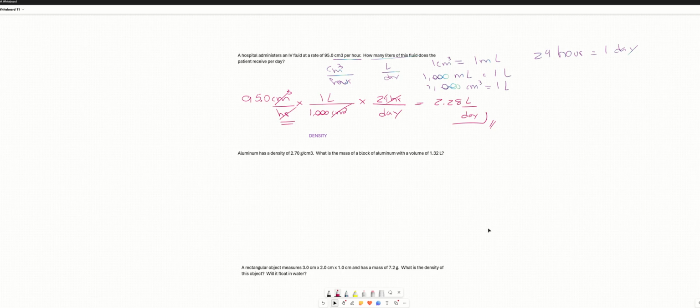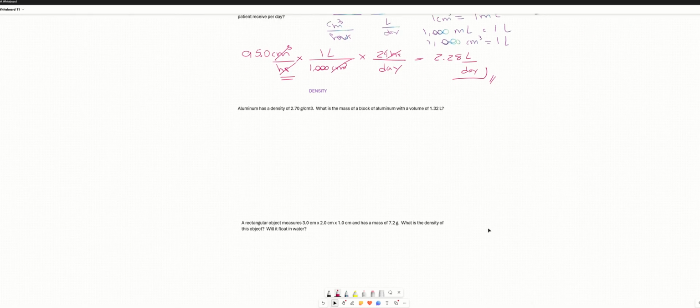Okay? So let's talk about density. Remember that density is the mass divided by the volume of the same substance or object. Here it says that aluminum has a density of 2.70 grams per cubic centimeter. And it asks us what is the mass of a block of aluminum given a volume.